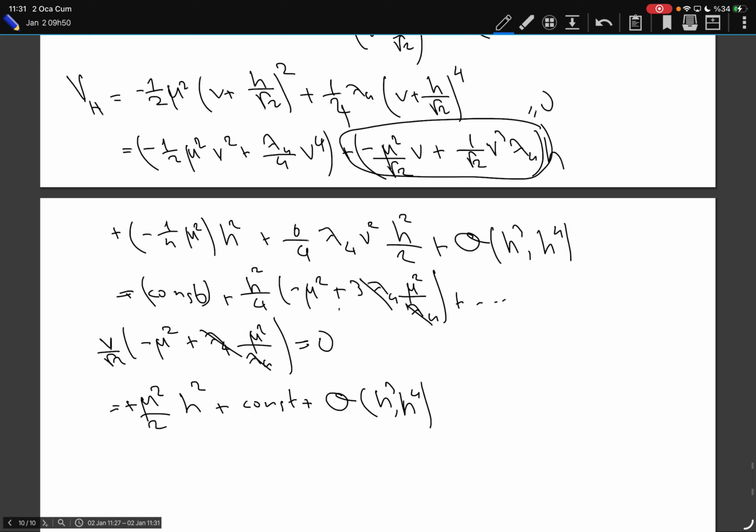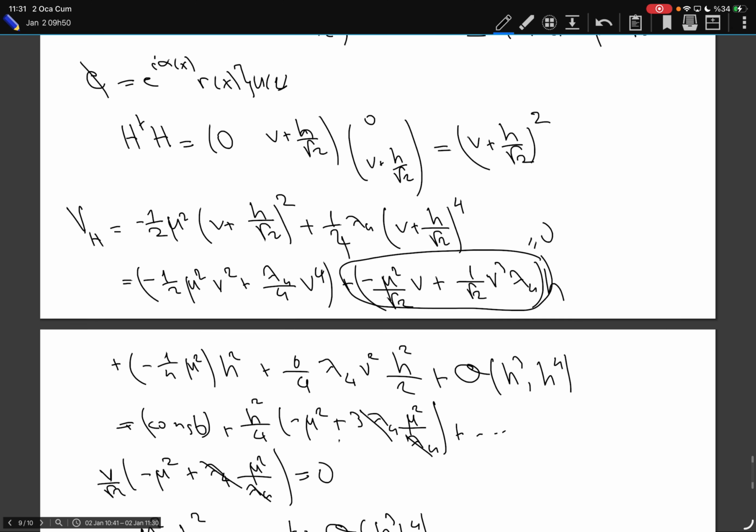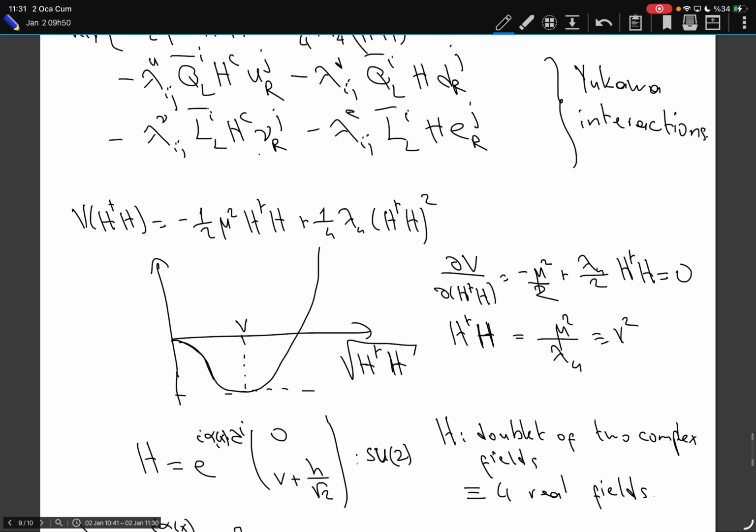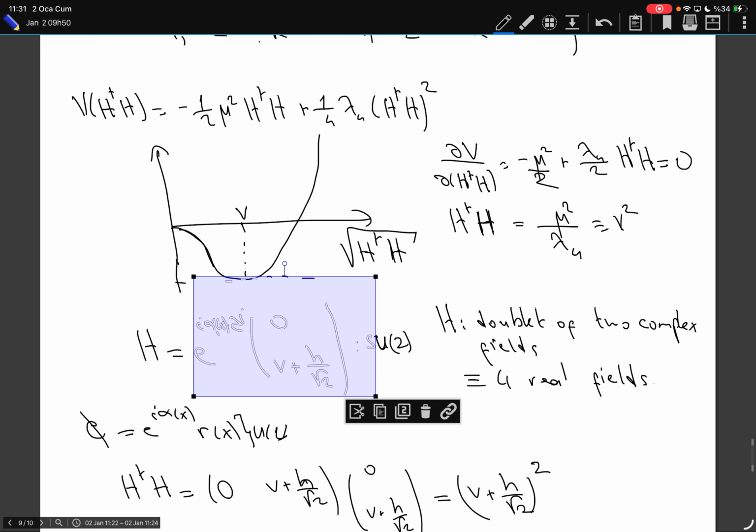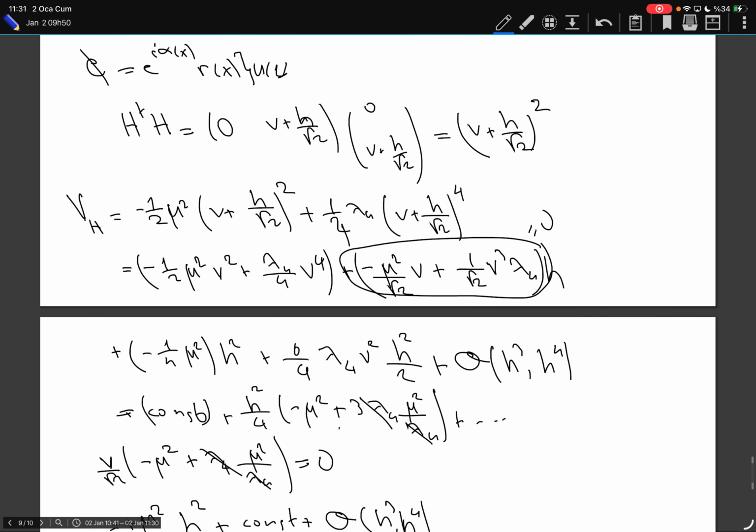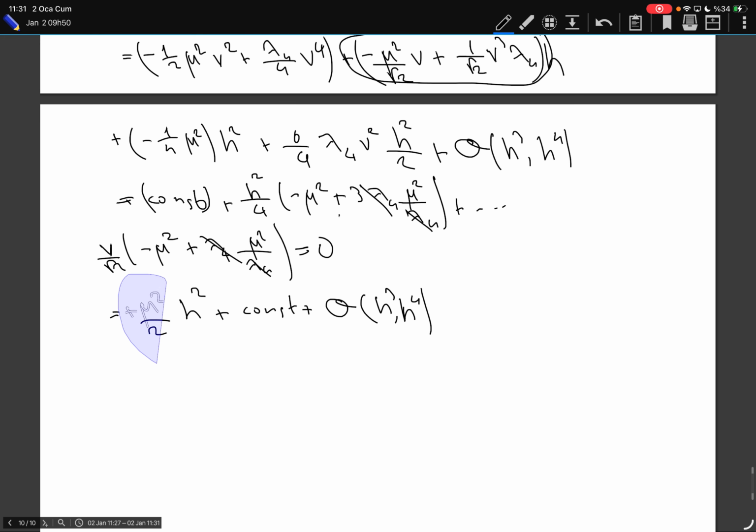So you see, I started with having in my potential energy a negative sign, minus 1 over 2 mu squared H dagger H. But when I expanded my fields around the ground state, H has a mass term plus mu squared over 2. So this new field H has a positive mass squared.